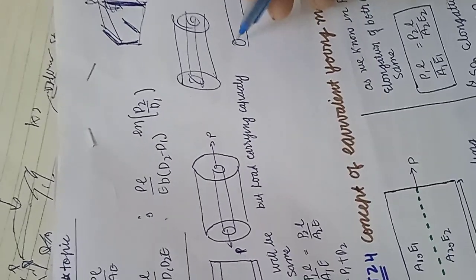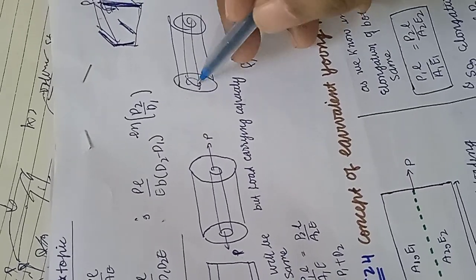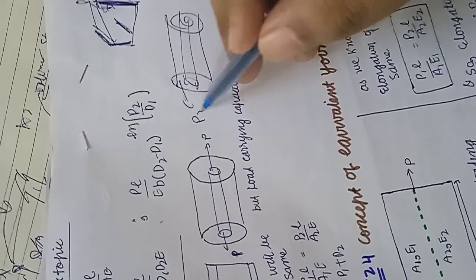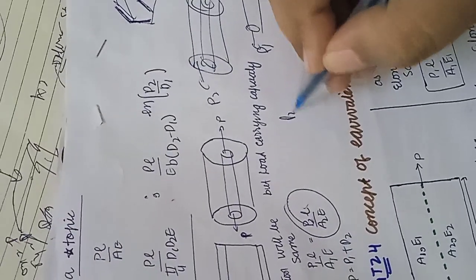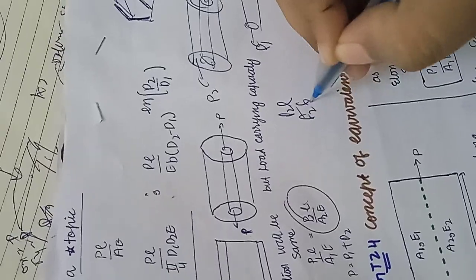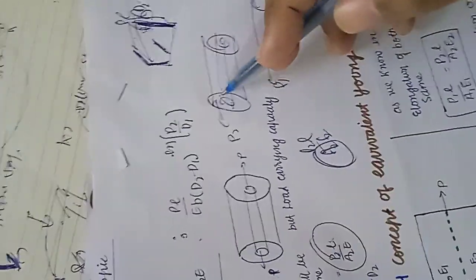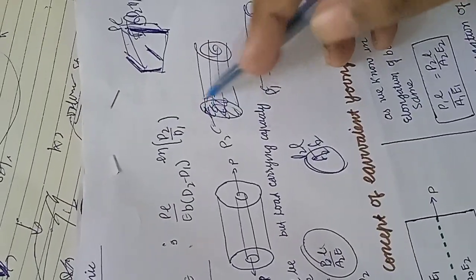So due to load P1 and due to load P2, this is the elongation in this. No worries, this is valid for hollow, non-hollow, solid, everywhere. Just the term area changes. For hollow, the area is this, the hollow area.